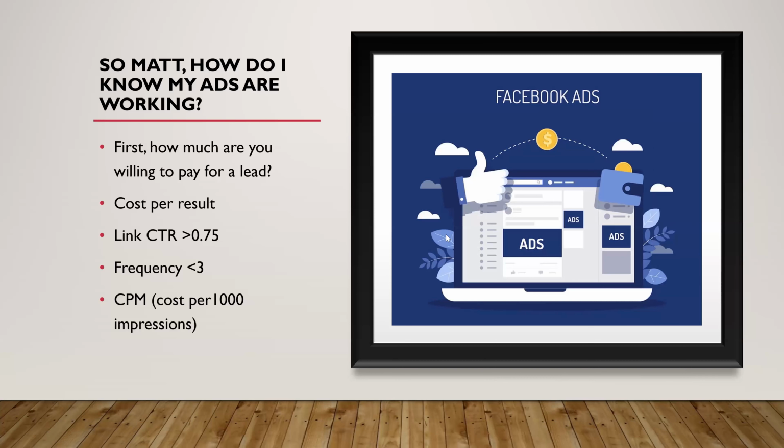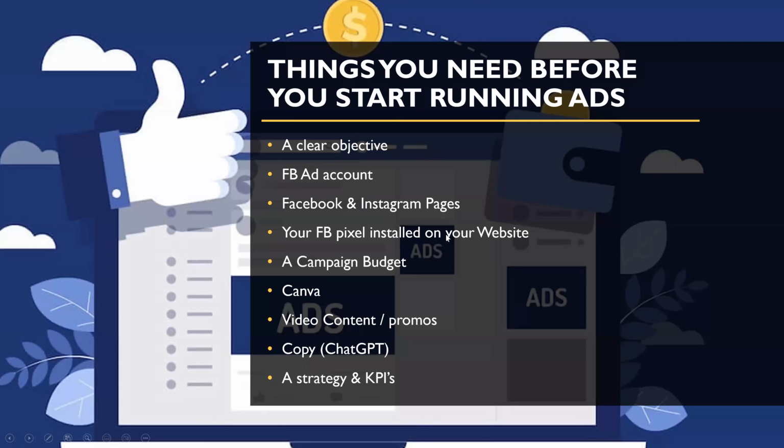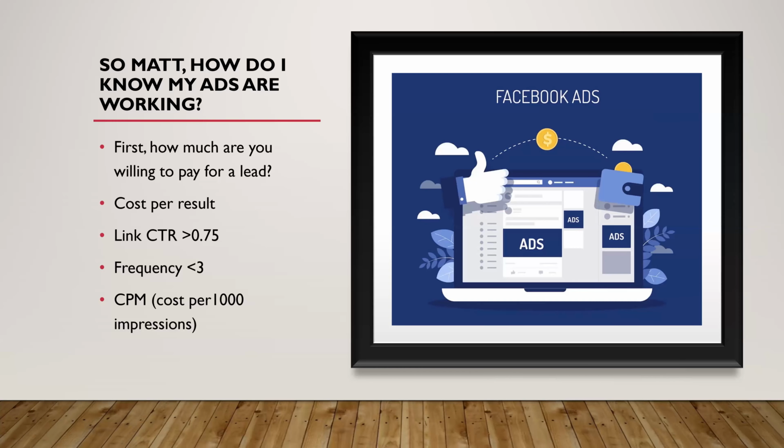Next thing you need to know, do apologize, is your cost per result. So when you run Facebook ads, when you look in the ads manager, it will give you a cost per result. You'll be spending money, you'll be getting results, and Facebook is going to give you a cost per result. And that will tell you roughly how much you're spending to get that click, that video view, that lead, that person to your website, or whatever objective you've set with Facebook.